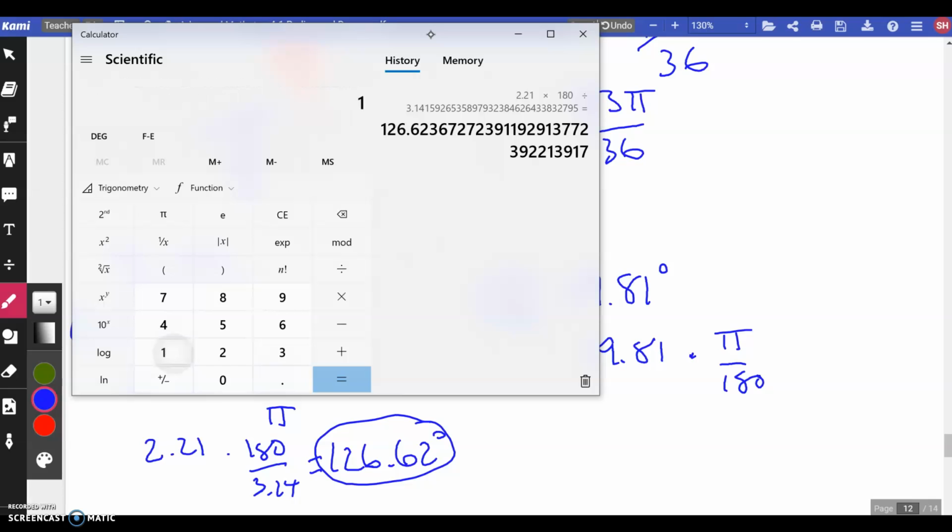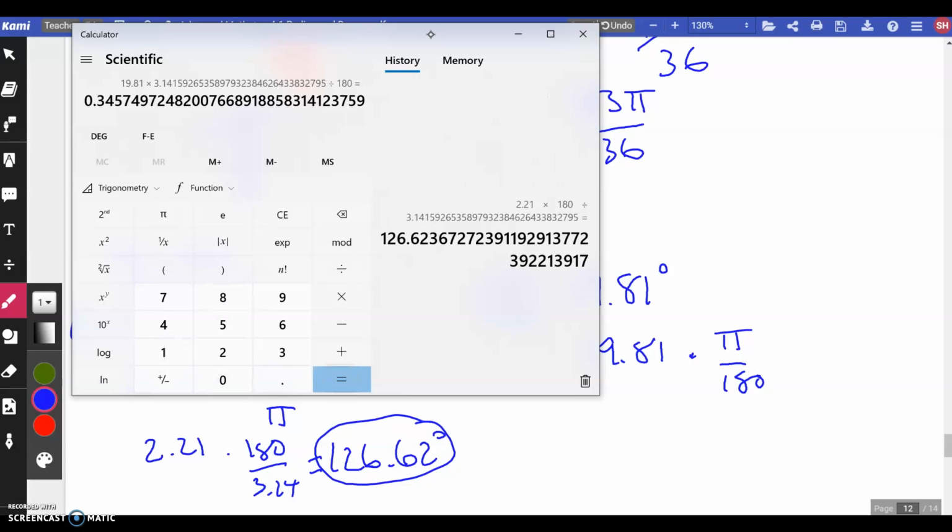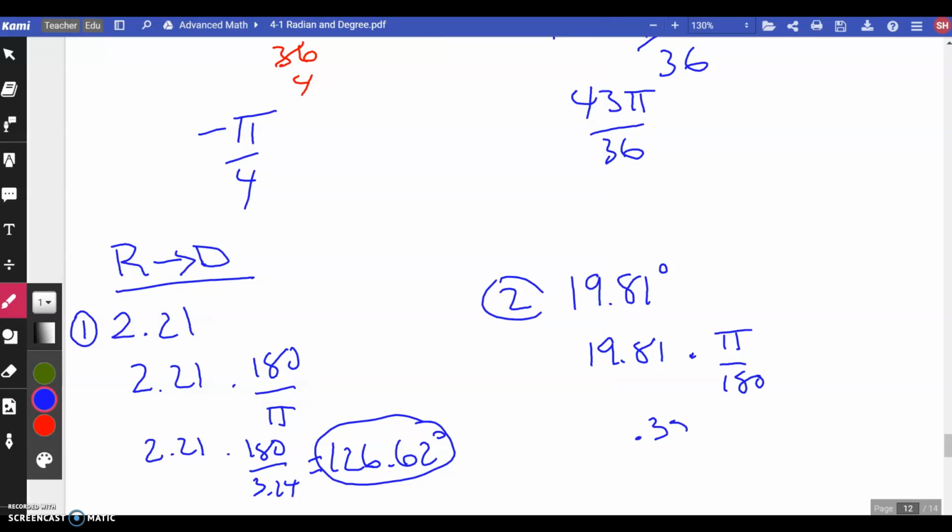Type in 19.81 times pi divided by 180. Okay, and I get 0.345 radians. Let's go 0.35. Okay, and that's in terms of radians. I have no symbol on it, so that way I know it's not degrees. Okay, and so that's the idea there.